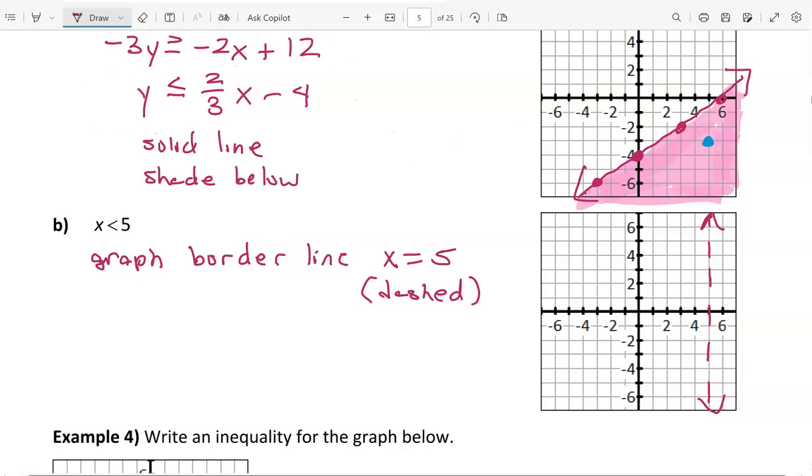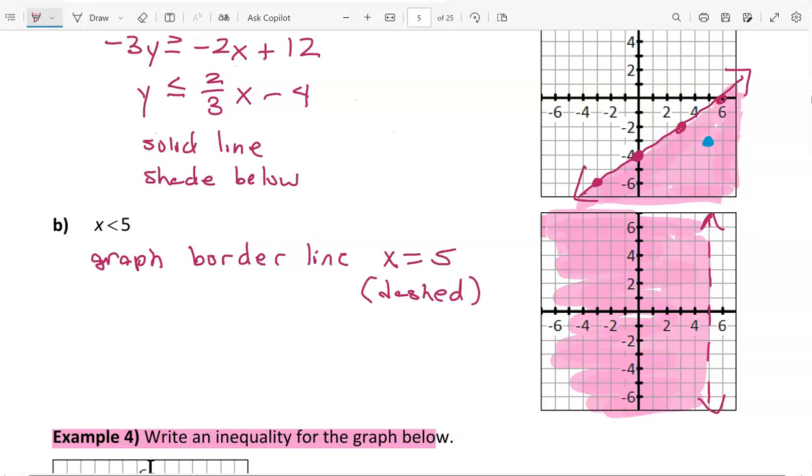And since x is less than 5, when we graph values that are less than 5, we find those on the left. And so I'm going to shade the area to the left of that line, and the dashed line indicates that the points on the line are not included in that solution set.